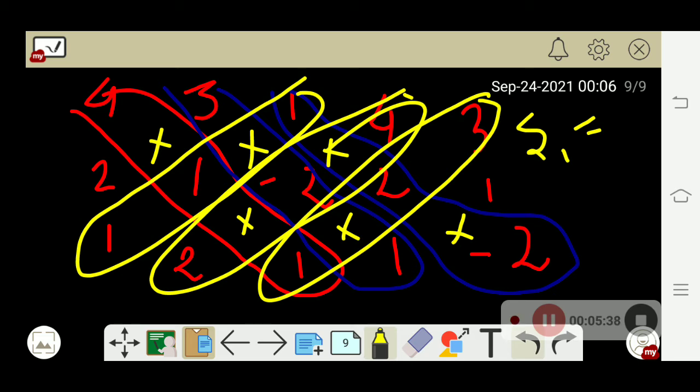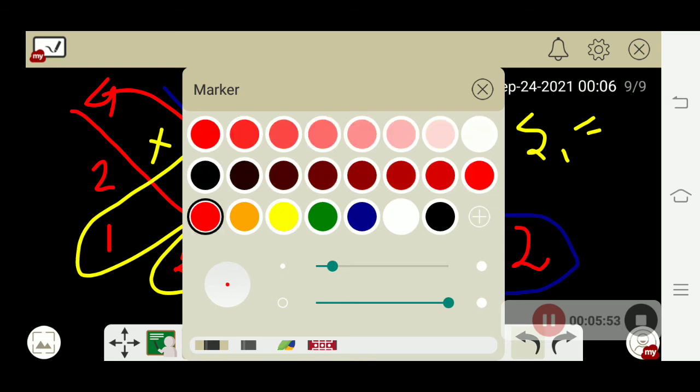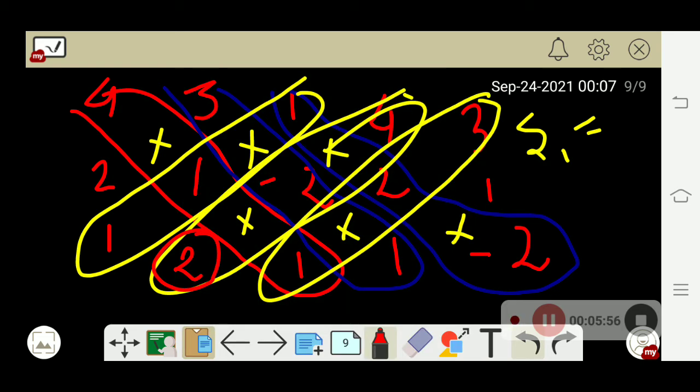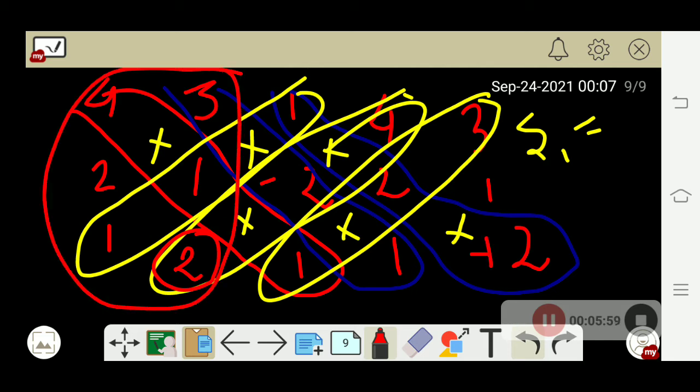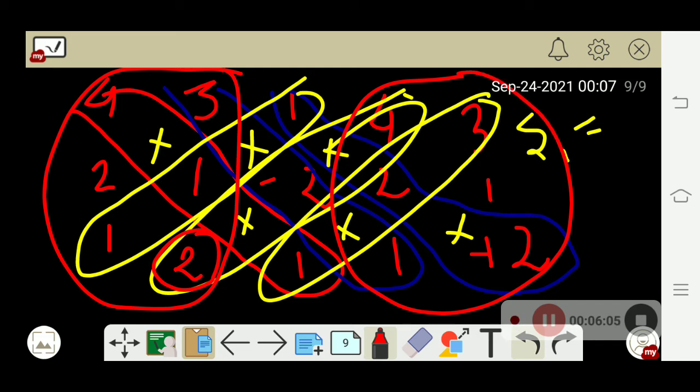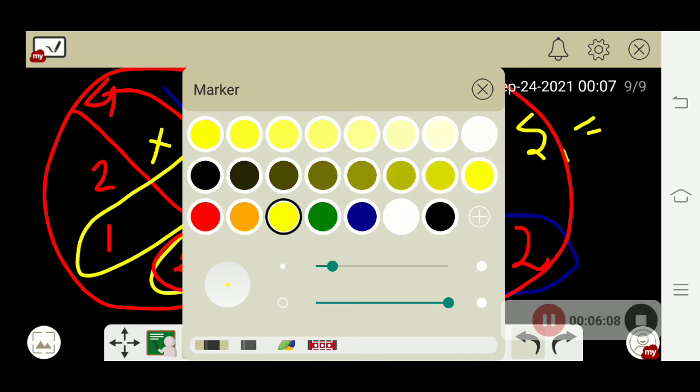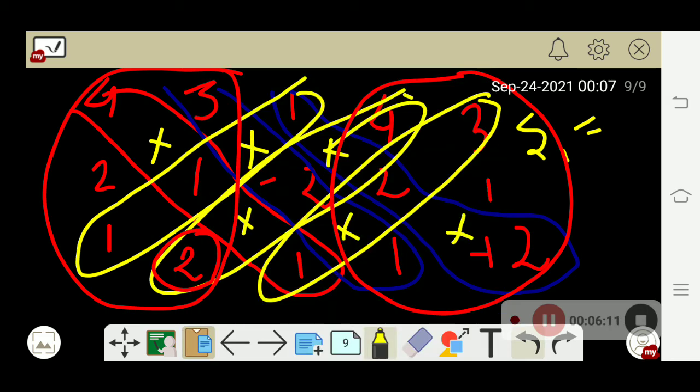I made a mistake here, it is 2, so we repeat these 2 columns, copy and paste them. So S1 is 4 minus 6 plus 4, which equals 2.